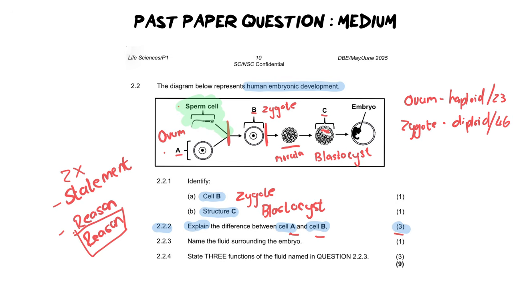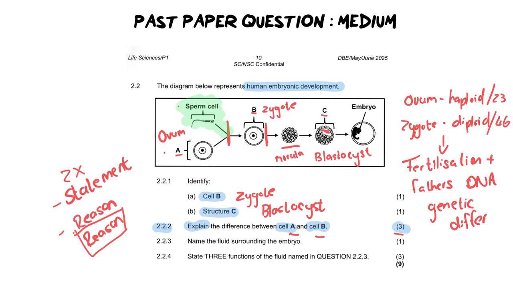And they are also different because fertilization has happened and it now includes the father's DNA, or you could say it's now genetically different, right? And a lot of matrics will not get that third mark.